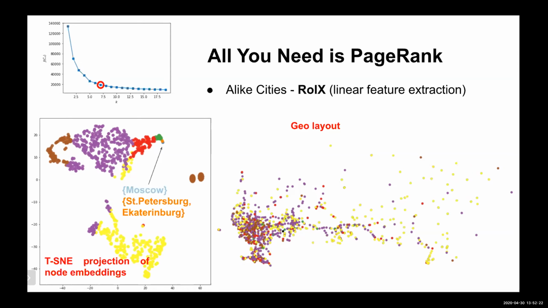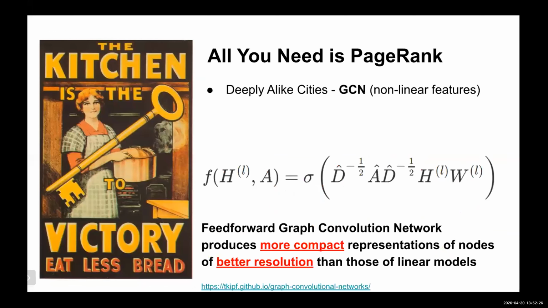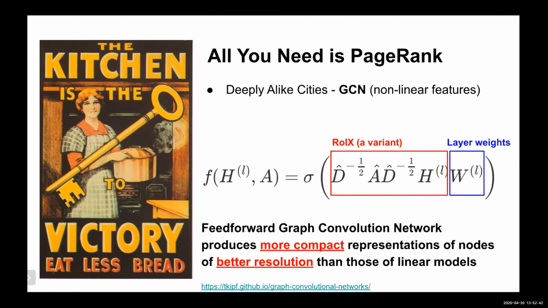As we see that linear projection works, we move on to non-linear projection, and we know that graph neural networks produce embeddings of smaller size and better resolution. And a reminder that inside is a linear combination of neighbor feature vectors, some extra parameters, and non-linear activation of the result.